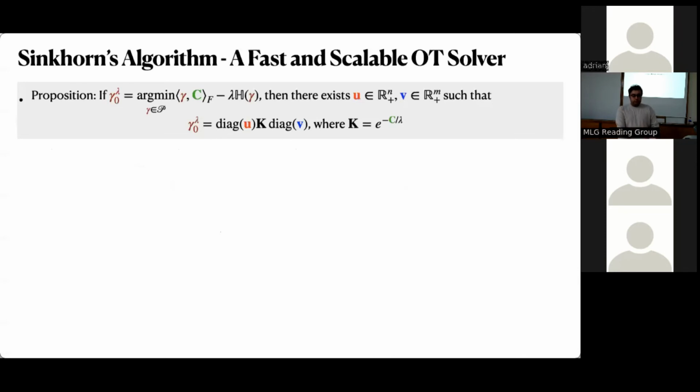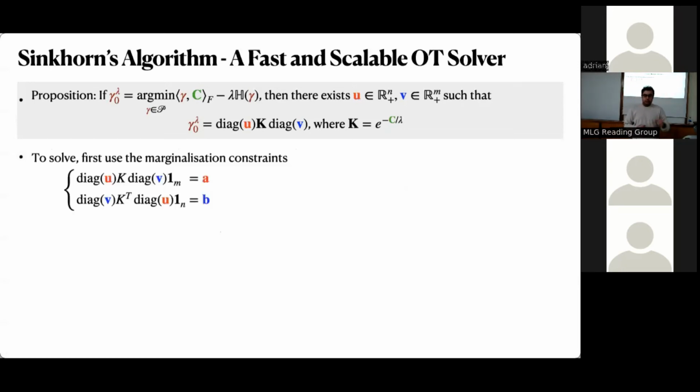Then if you know that this proposition holds true, how do you solve this? The easiest way to begin solving this optimization task is to basically solve the marginal constraints first. So you say that this optimal coupling times the unit vector in the target space should give you the source measure and vice versa.